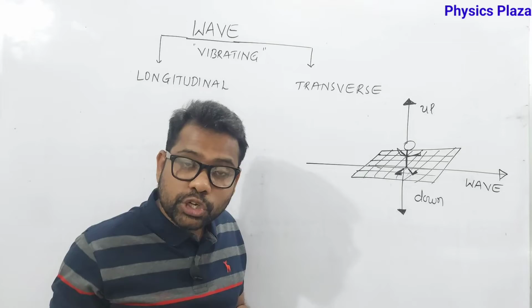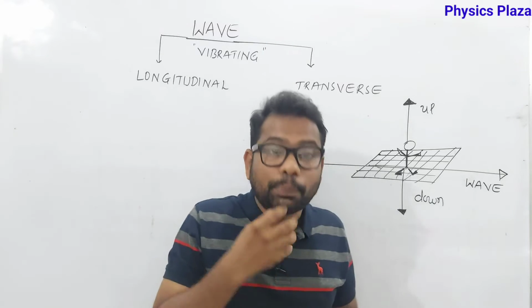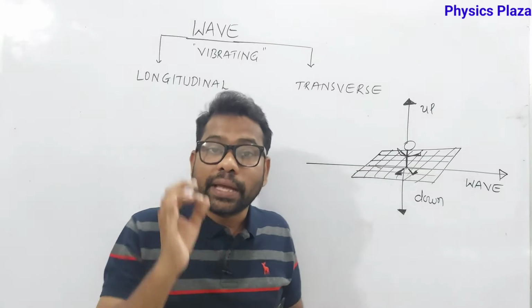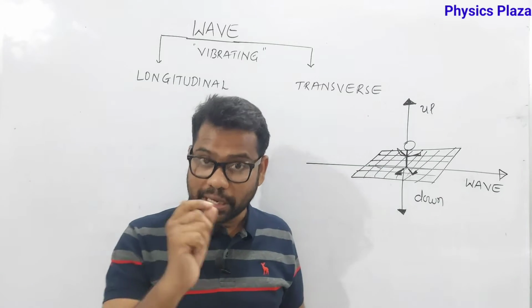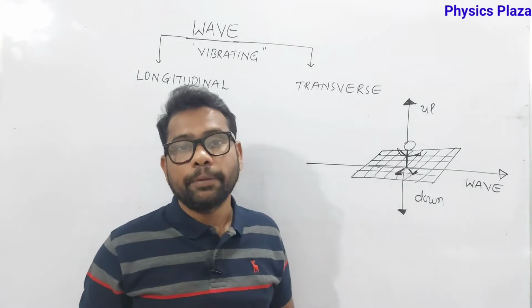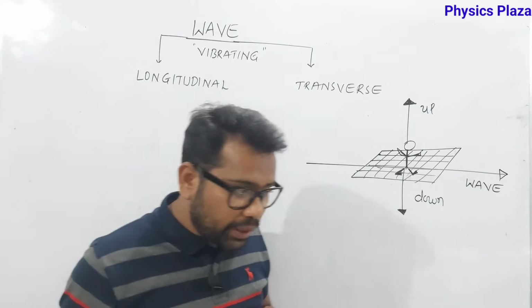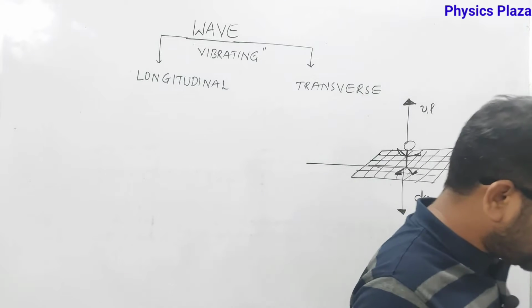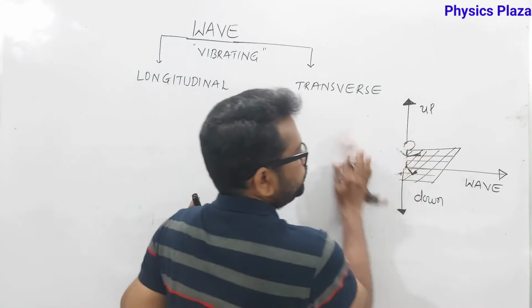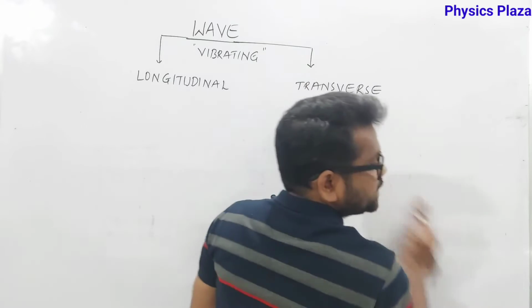The wave in which the particles of the medium vibrate perpendicular to the direction of propagation of the wave is called a transverse wave. Shall I repeat once again? The wave in which molecules of the medium vibrate perpendicular to the direction of propagation of the wave is called a transverse wave.